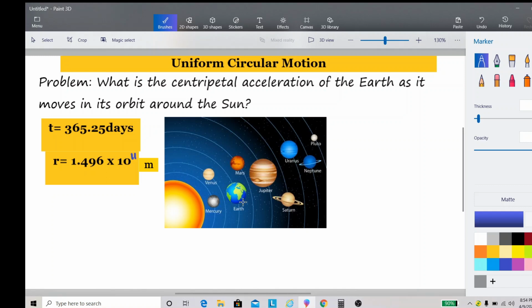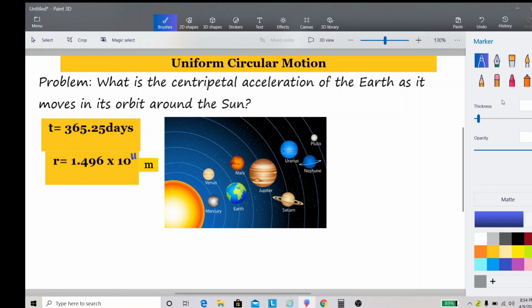Now, so yung Earth, kung ito yung starting point niya, it will make one complete revolution in 365.25 days. At yung R niya is 1.496 times 10 to the positive 11. So, ganyan yung simula ng ating magiging solution.